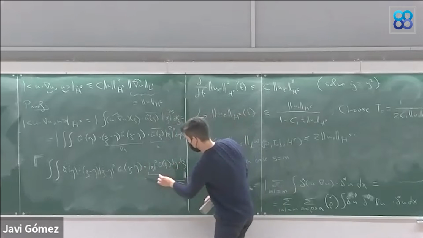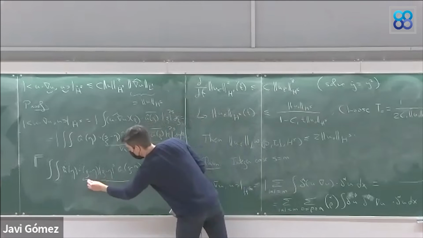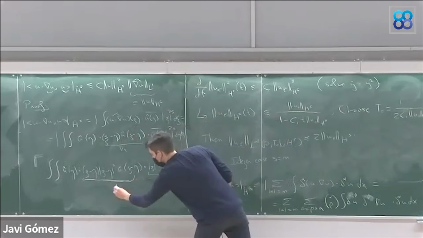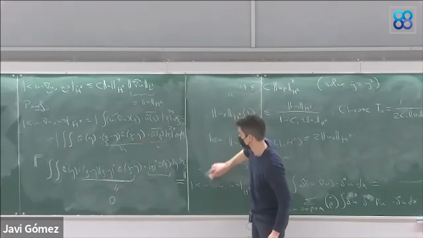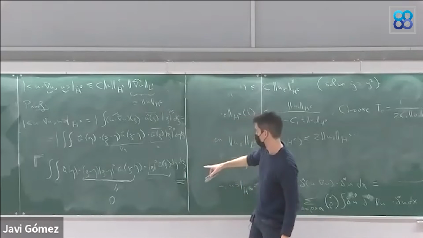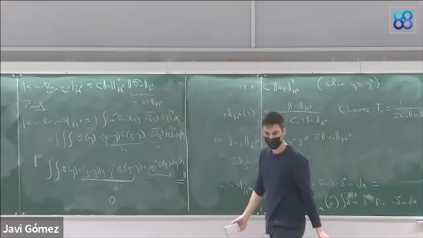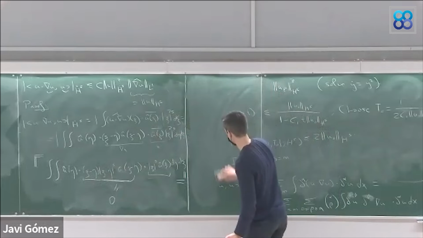Okay, we have the function and the gradient of the same function. So all this is equal to 0. And you can make the computation writing it in Fourier components or just going backwards to the physical space.